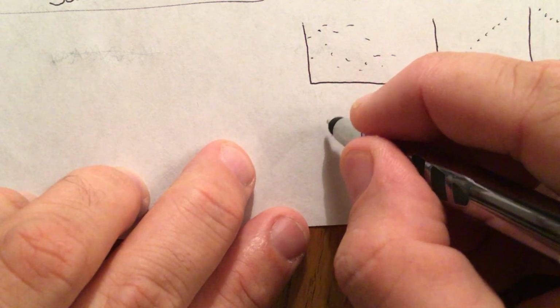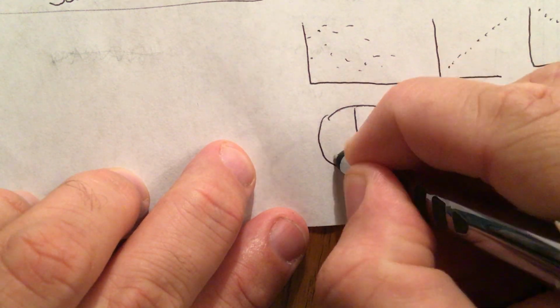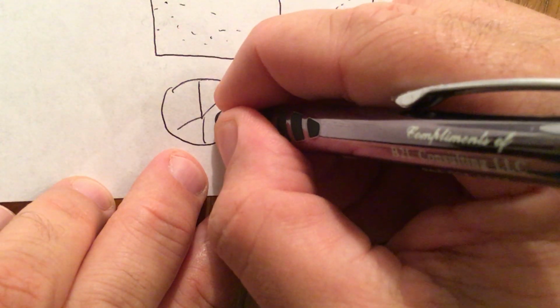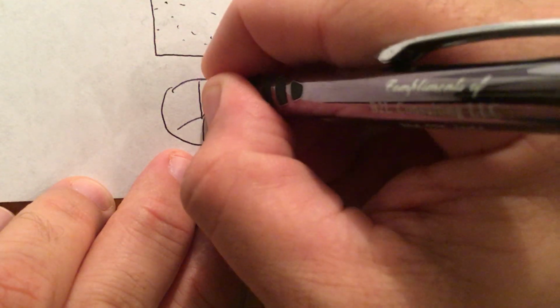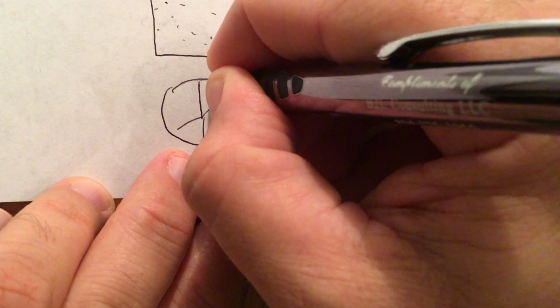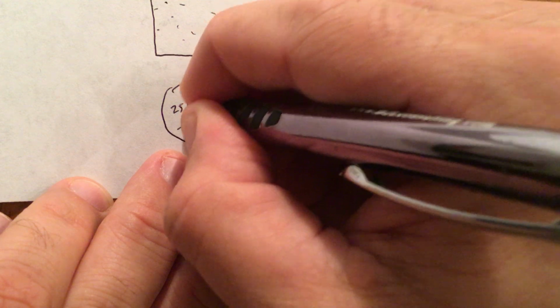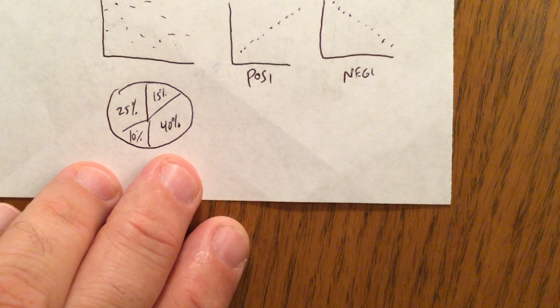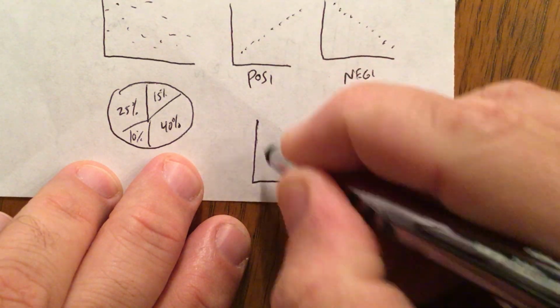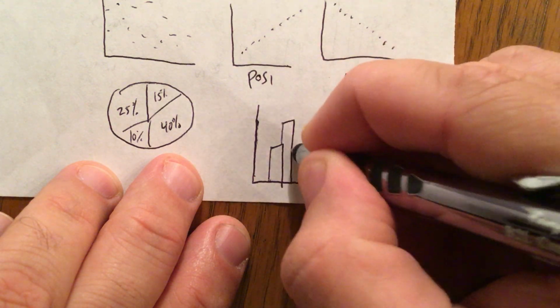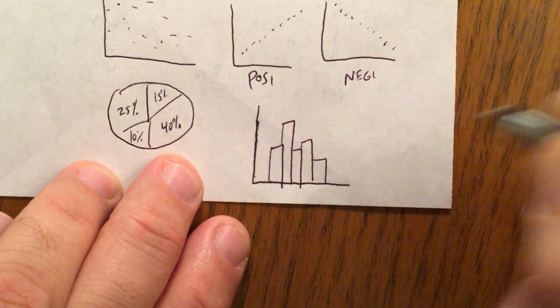You have to know about pie chart and how to read it. And so this would be like 40%, 15%, 10%, 25%, something like that. And then there's the histogram, which always shows frequency. And it's like a bar graph, but the bars are touching.